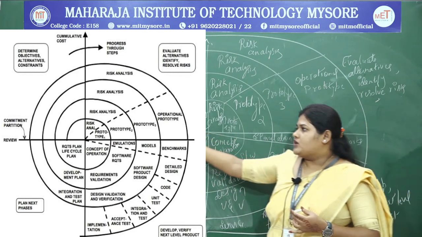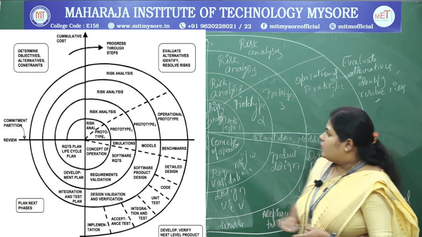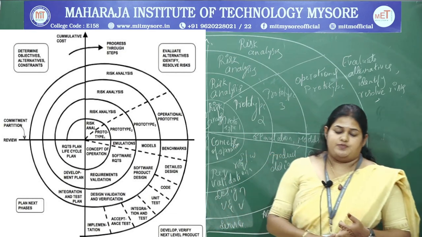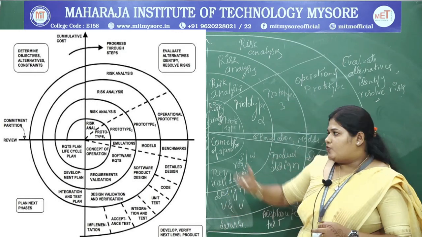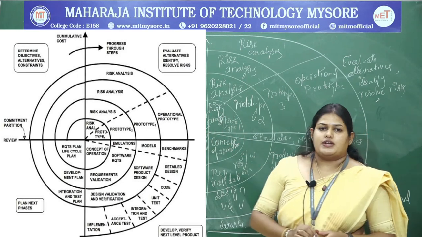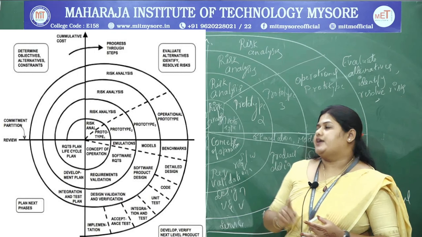In the very first phase we need to find the required objectives, as well as the required alternatives. One thing is, whenever the customer gives the requirements, the software engineer cannot give the assurance of delivering the product in such a way that there might not be a chance of altering the requirements.